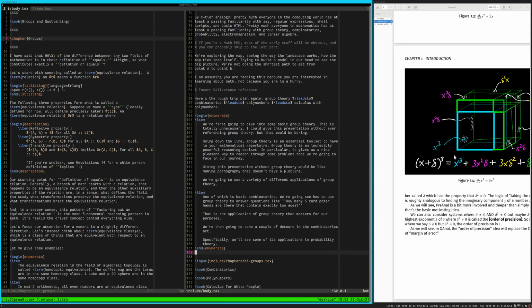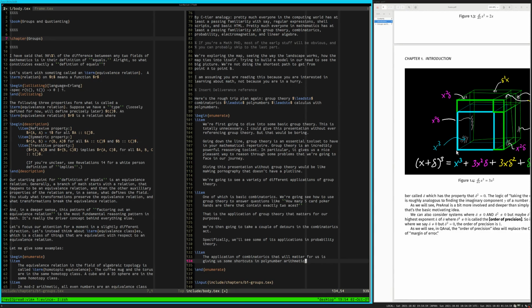Probability theory. After this, one application of combinatorics that will matter for us is simplifying polynumbers, giving us some shortcuts in polynumber arithmetic.